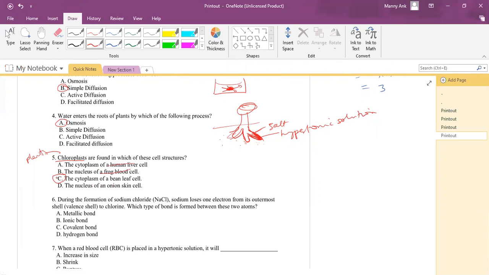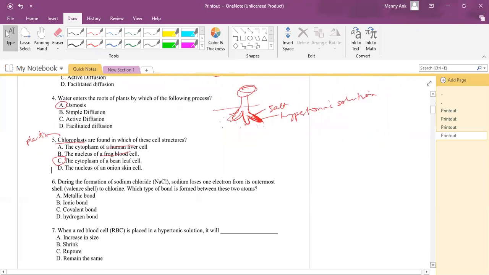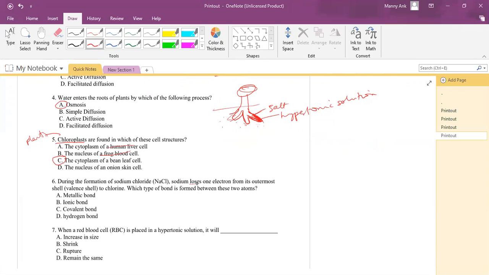Then number 6: during the formation of sodium chloride, sodium loses an electron from its outermost shell to the chlorine. What type of bond is formed between these two atoms? Because there's a transfer, the key word here is transfer. One loses and the other one gains.